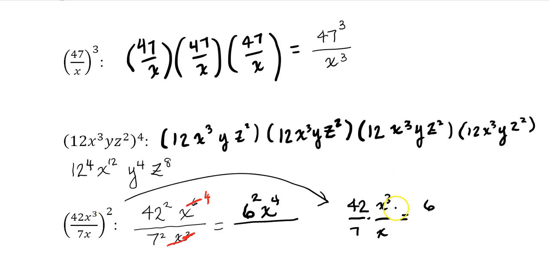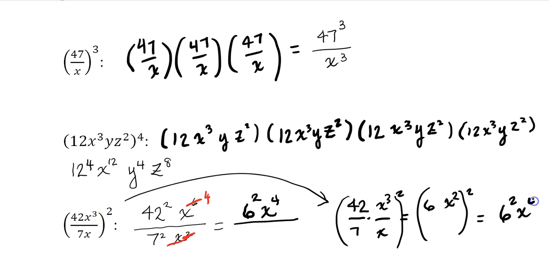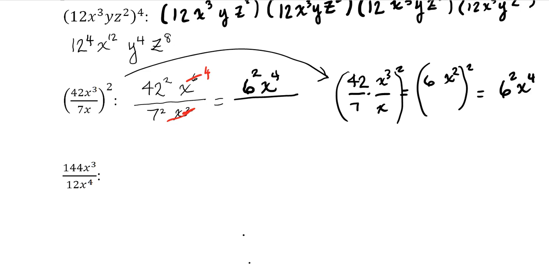And then I have the x squared, and that whole thing is squared. So that would give me 6 squared, or 36, x to the 4th. All right. If you have any questions on these and you're not sure, feel free to go ahead and ask me questions. I am happy to answer them.